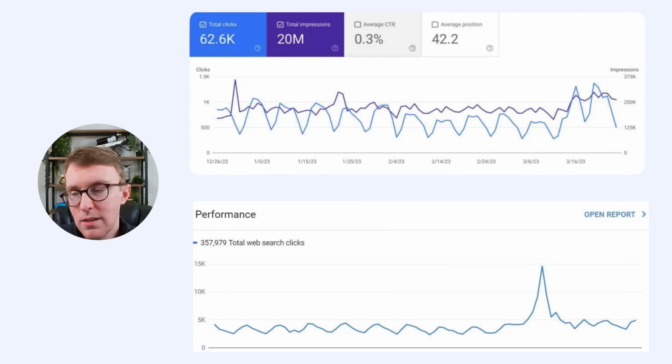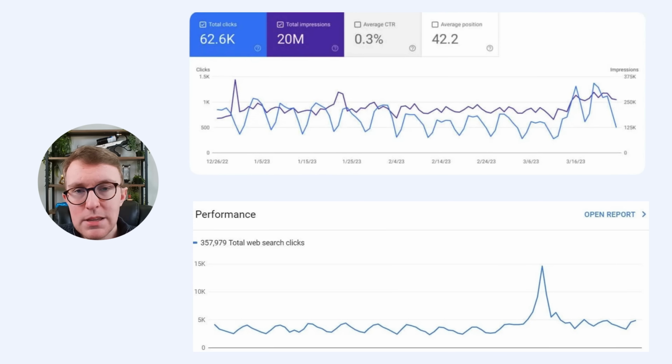This was right when the 2023 Google Core Update for March came out, and this site shot up. It's also kind of a telltale sign when sometimes there's a lag with impressions. So this has a really low click through rate of 0.3%.